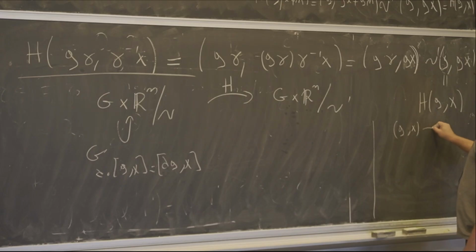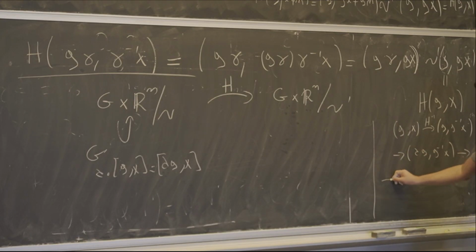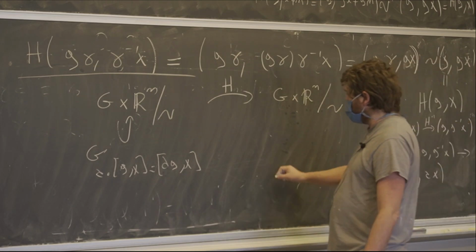I take an element here, I bring it back, I apply my G action, I go back here by H. Let's just do it here. I take Gx, I map by H inverse into G inverse X, which I map into AG AX. So that's the action here.